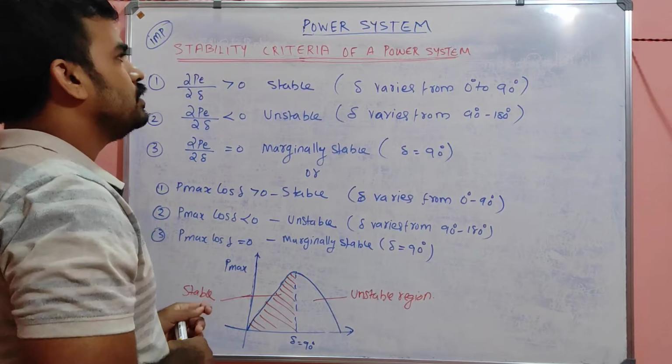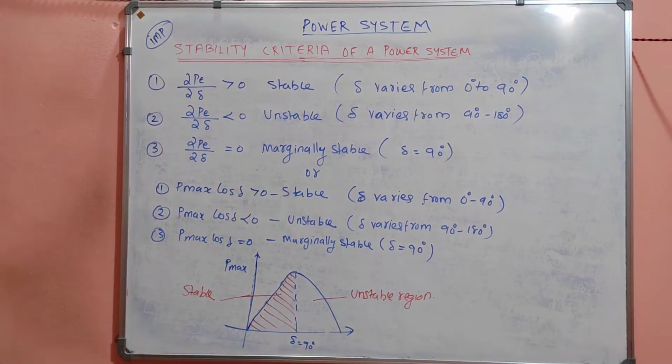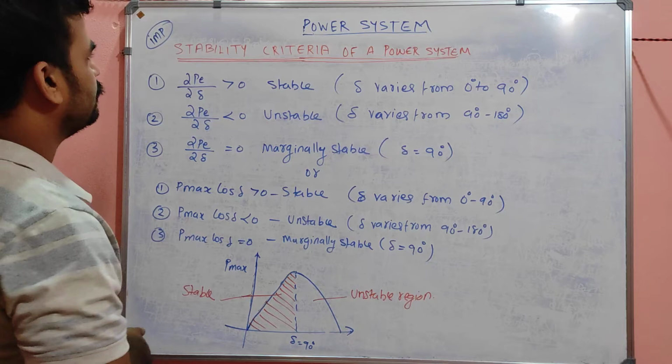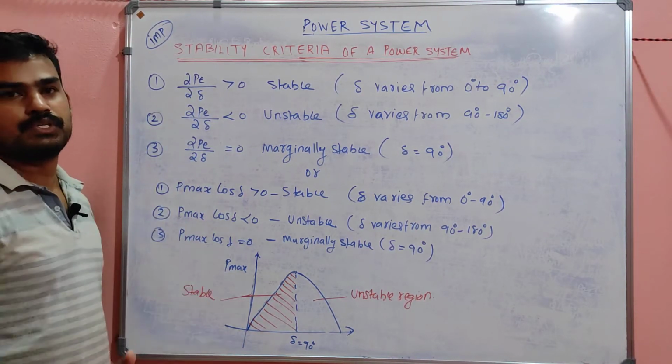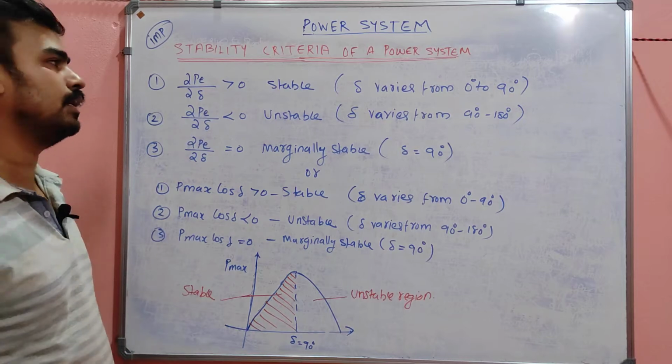So today we are going to discuss something very important. It is actually a concise form, a short form of what we studied in the last lecture, that is steady state stability analysis.